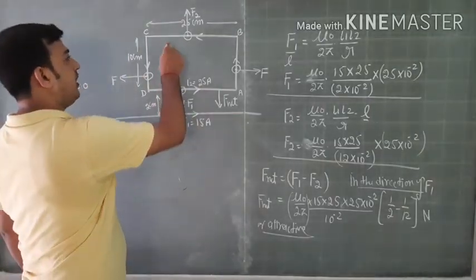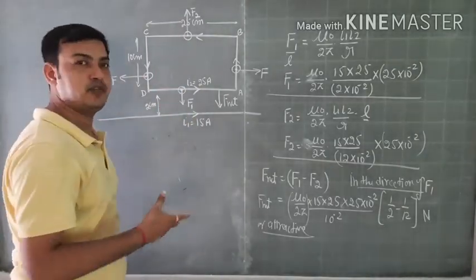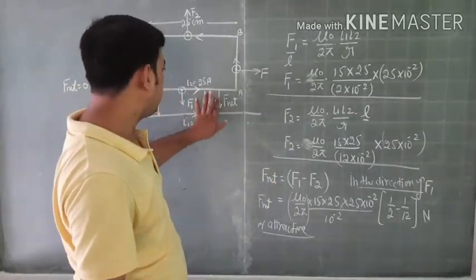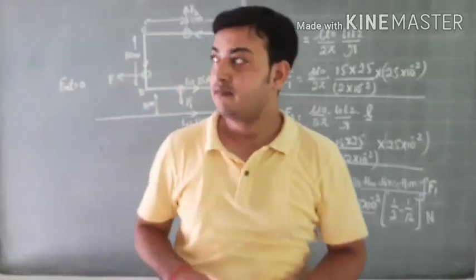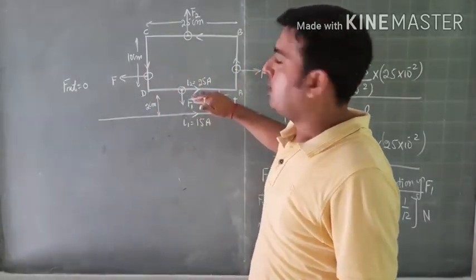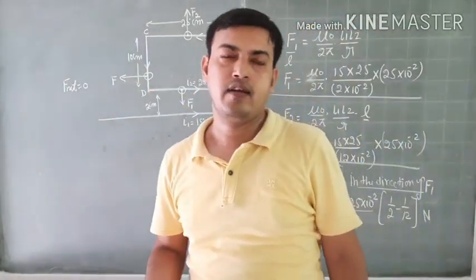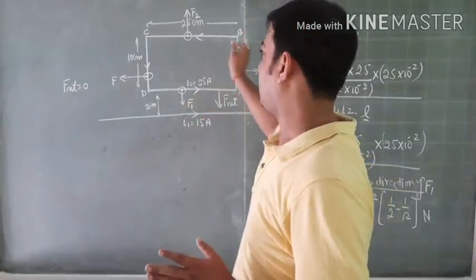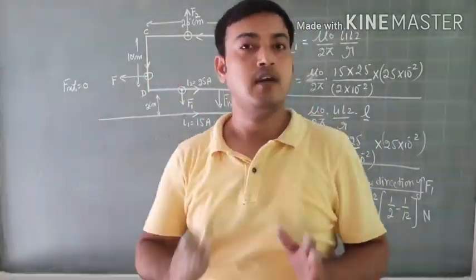So this will repel and this arm will attract, and the net force will not be towards the wire, it will be away from the wire. So if the current flows in the clockwise direction, this wire will repel this rectangular loop. I hope that the thing is clear to you. You can easily find the net force in these kinds of situations.